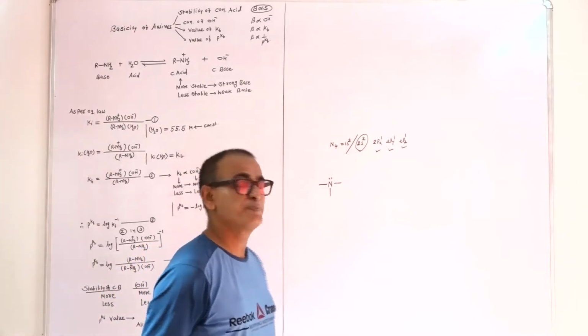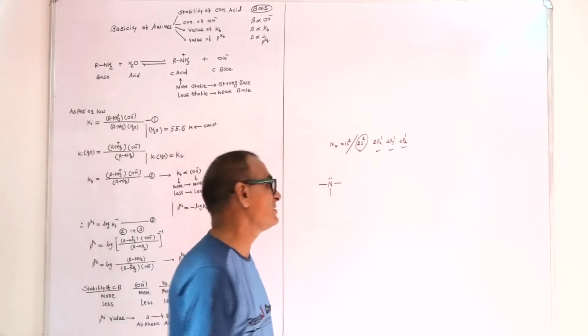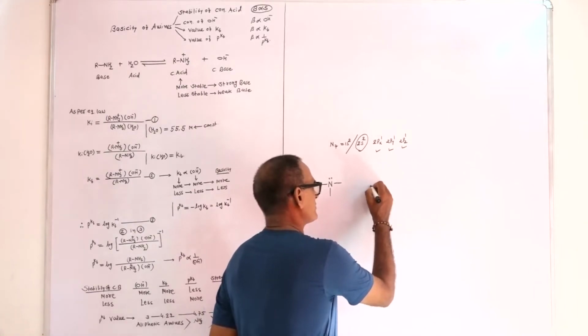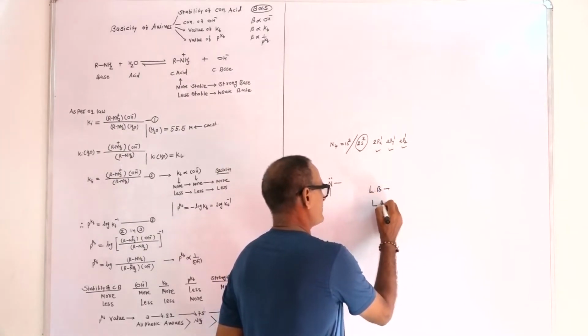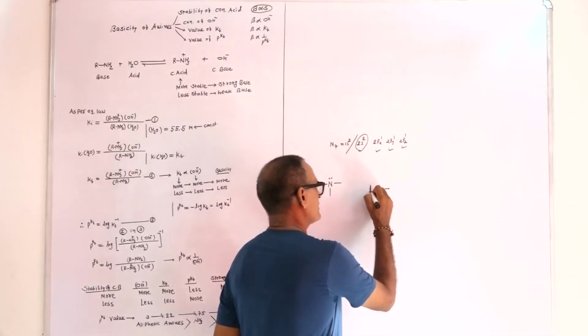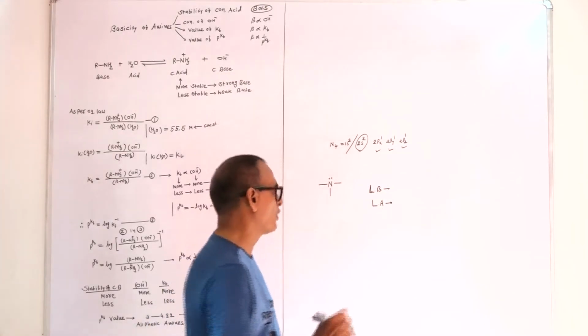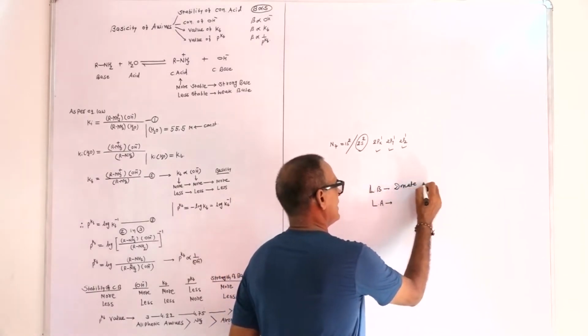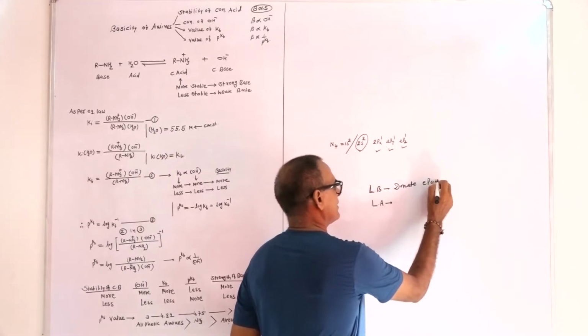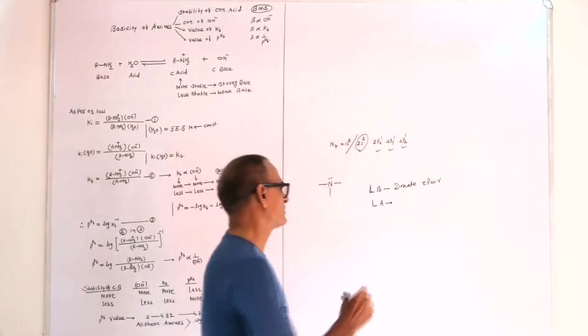Now you see, as per Lewis acid base theory, Lewis base and Lewis acid. The substance which is ready to donate an electron pair is known as a Lewis base.